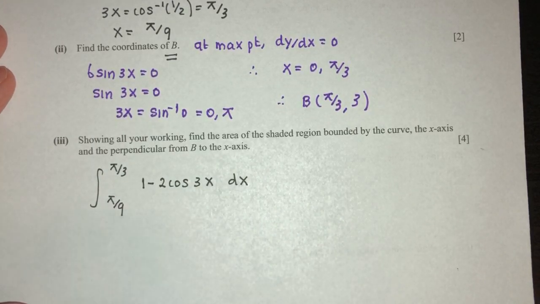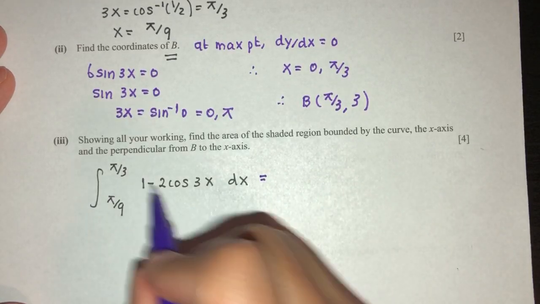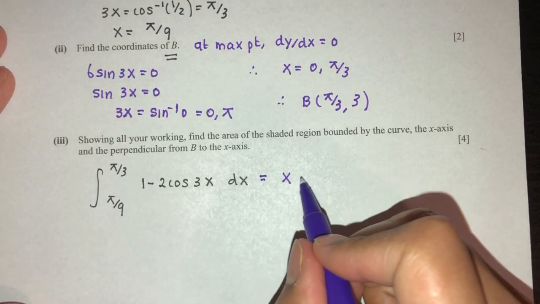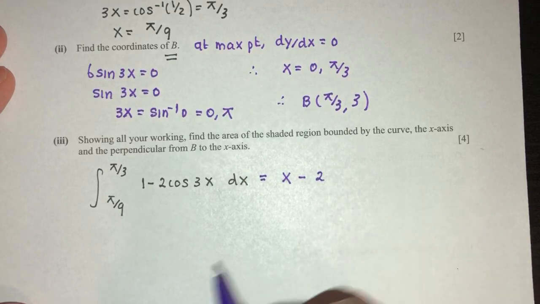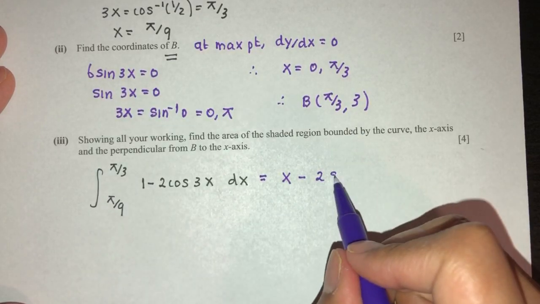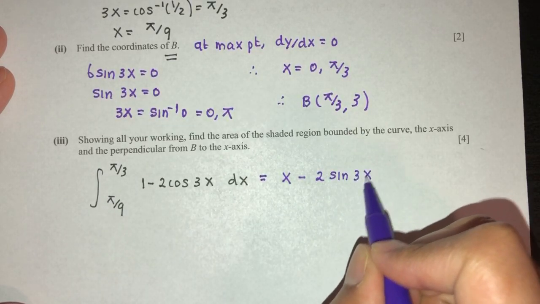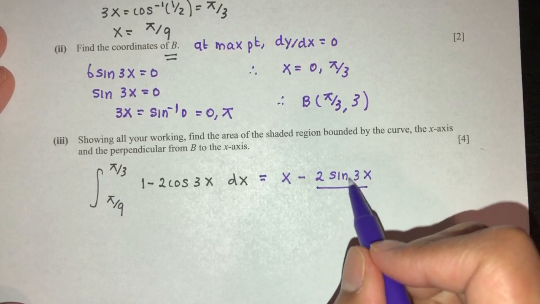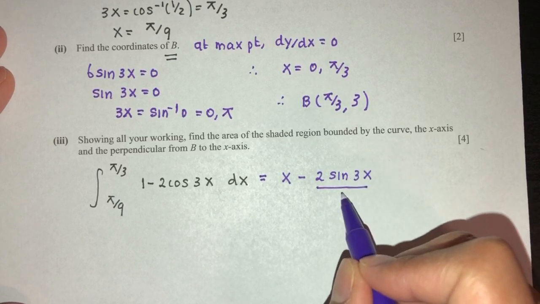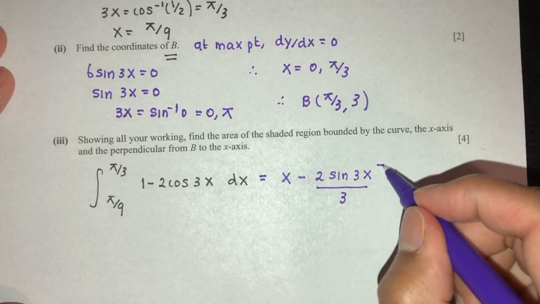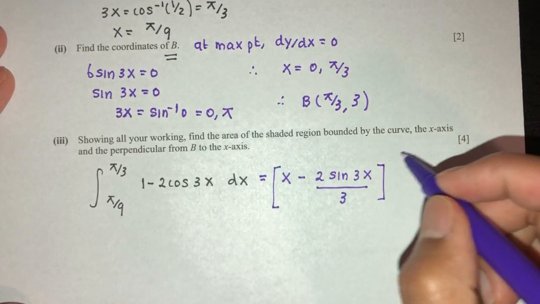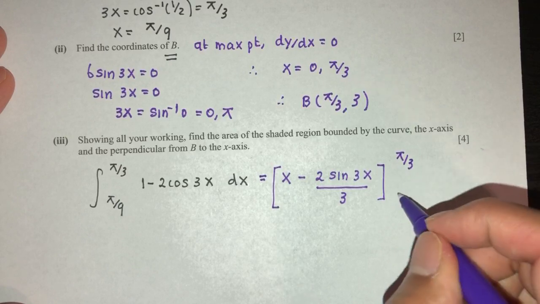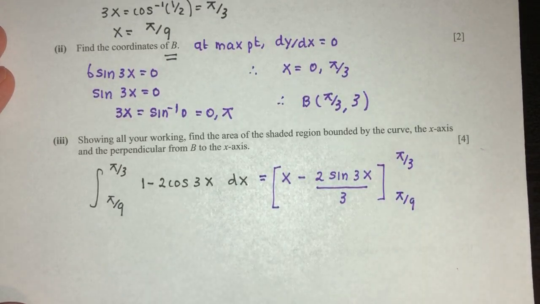So now step by step, integration of 1 is x, minus 2 is only a multiple, and cos will be sine 3x. And then you have to divide by the differentiation of this one, that will be 3. Now the limits will be pi by 3 and pi by 9.